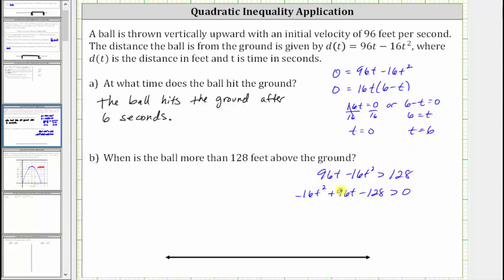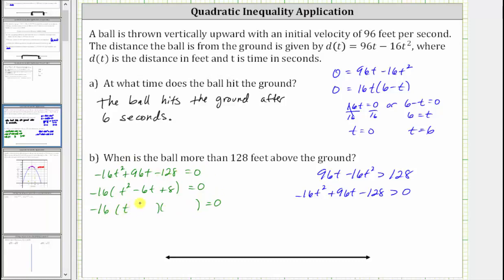The first step in solving a quadratic inequality is to solve the related equation, which in this case is negative 16t squared plus 96t minus 128 equals 0.